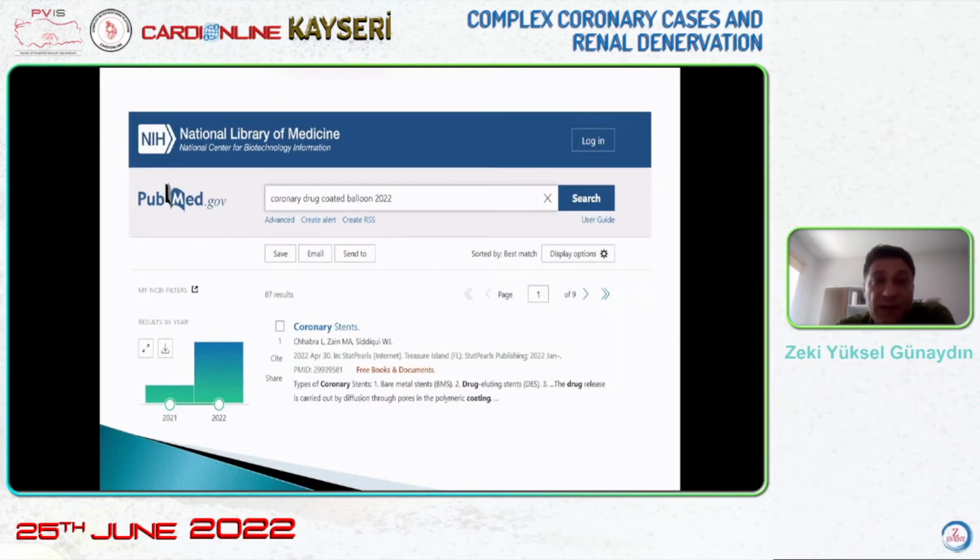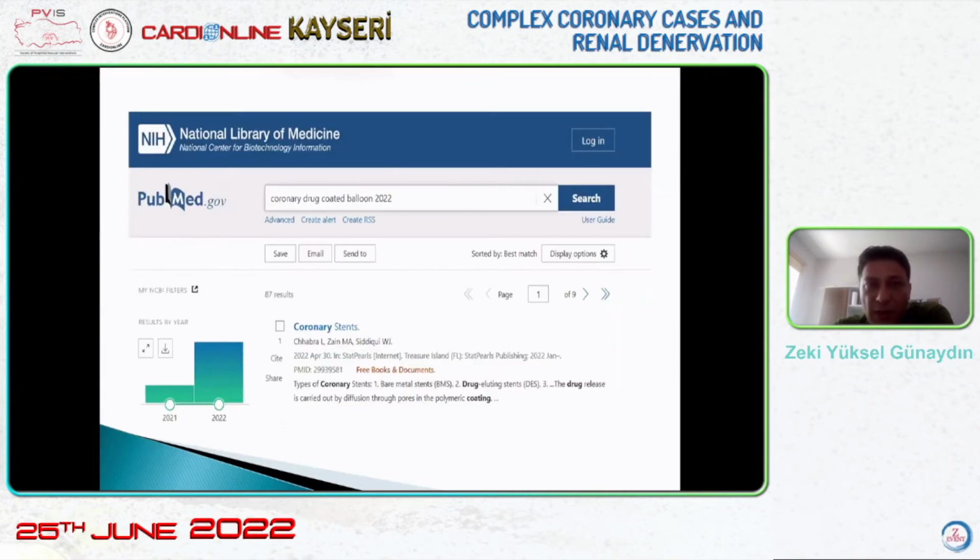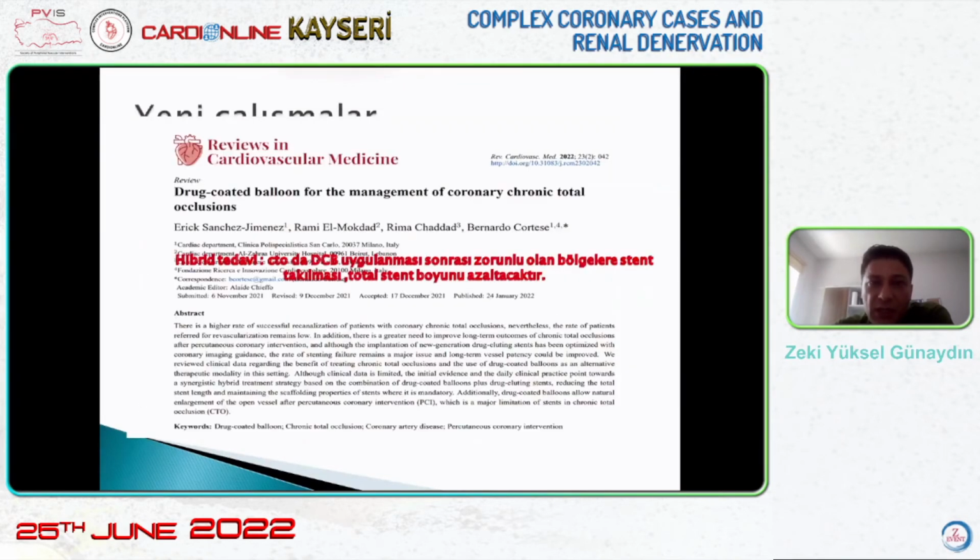In 2021, again, more than 80 studies were done. And what attracted my attention are the following reviews, especially in CTO. Long stent use will increase the residual stenosis ratio, and after PTCA, stenting is done in the necessary areas.